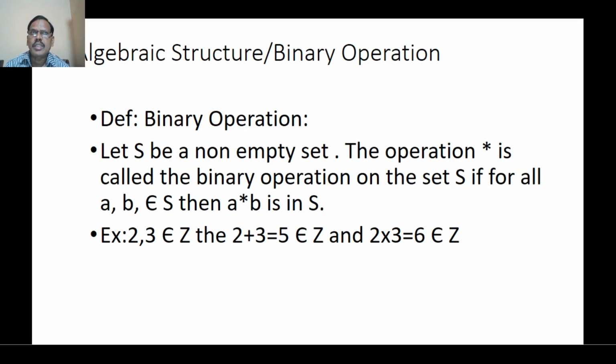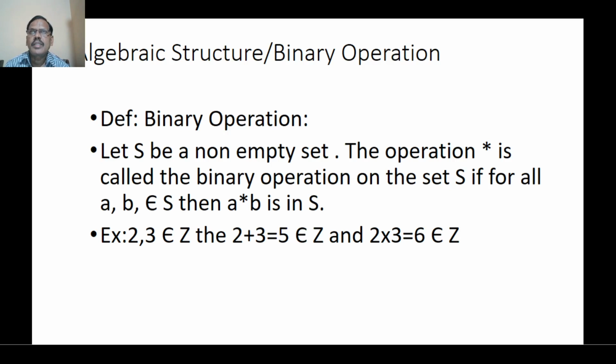We observe that the resulting element, that is 5, is also an integer. You take minus 3 and minus 5 and add them: minus 8, that is also an integer.